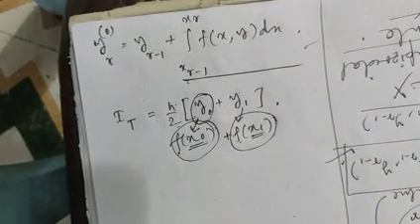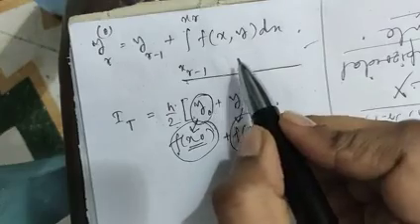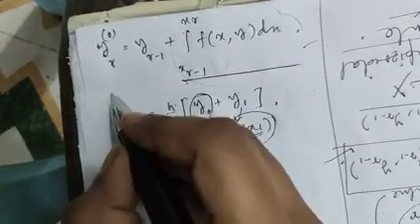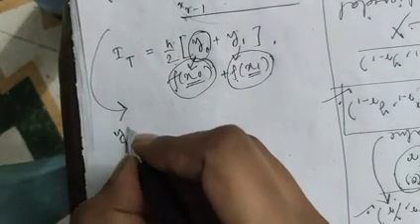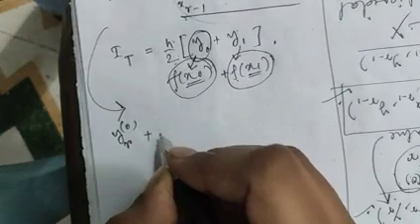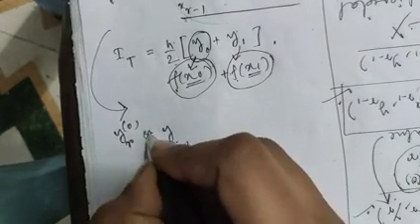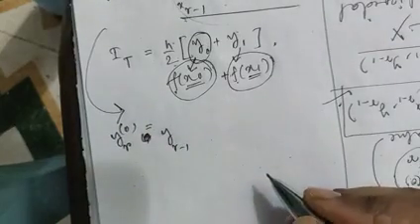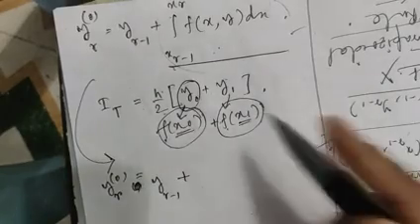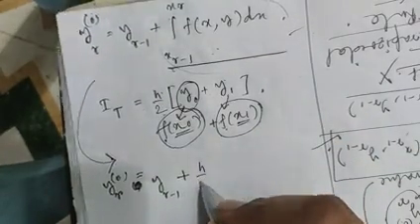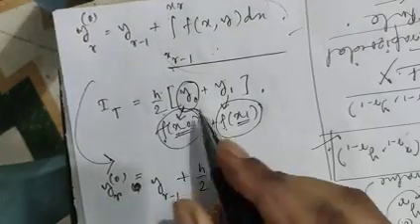That was the trapezoidal rule. So if you want to apply the trapezoidal rule over this integration, what will you write? The left hand side will remain the same, y_r equals y_(r-1) plus, for that integration, h by 2, that is the step length, into the functional value at the initial point.